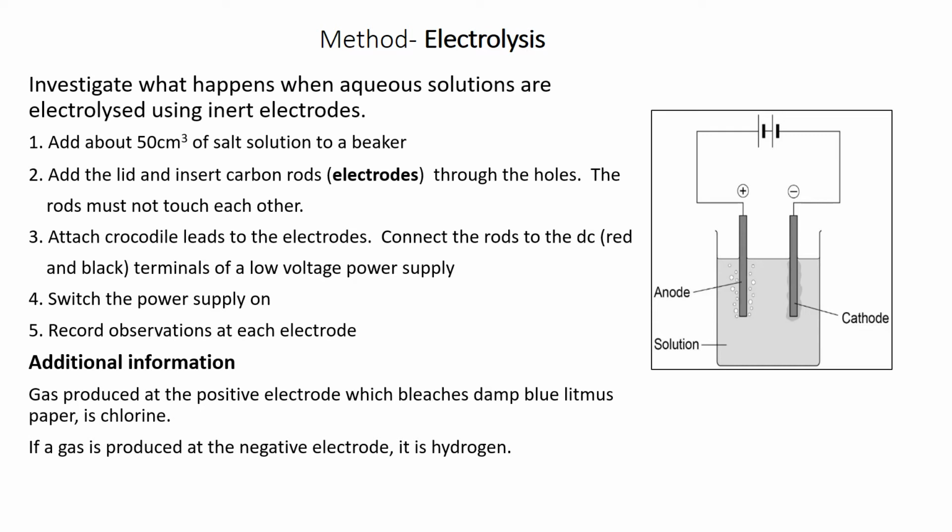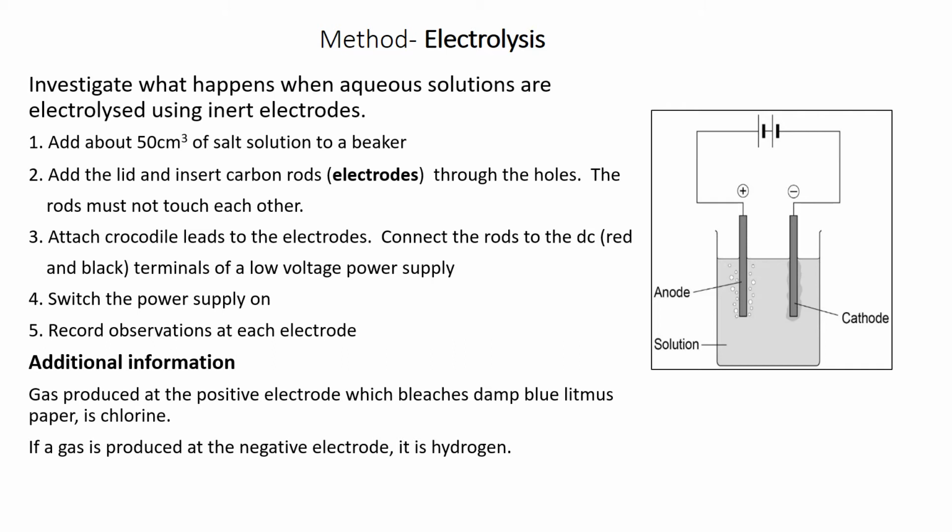Sometimes they ask you, why would you put a bulb in the circuit? Because unless you're daft enough to put your finger in the solution and give yourself a good old shock, you're not going to know. So please be cautious of that little curveball that they'll throw to you. Why is the bulb there? Check the electrons are flowing.